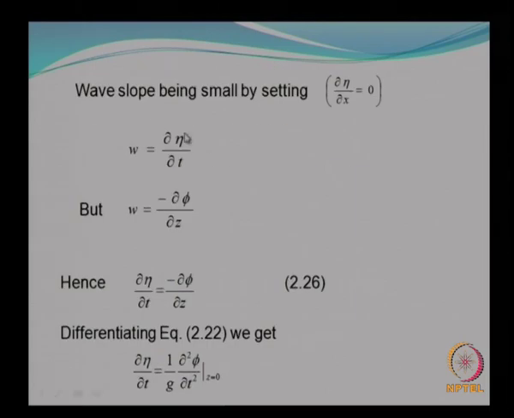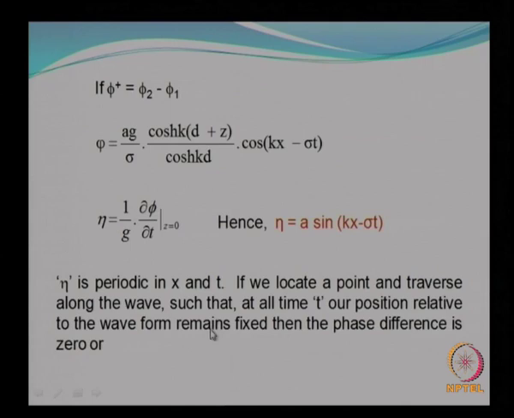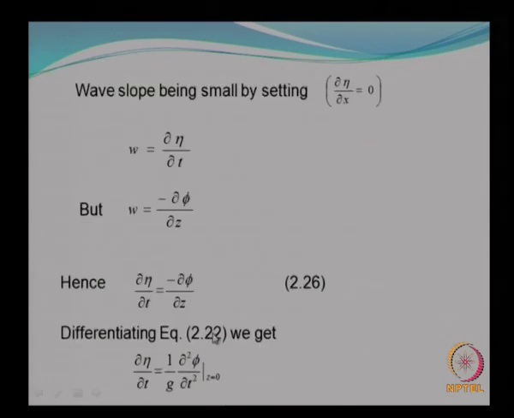Okay, I have skipped something. So this dou eta by dou t. What about the free surface boundary condition? This is the free surface boundary condition. I can differentiate this with respect to t, then I have a double derivative here, and that is what I have done here.